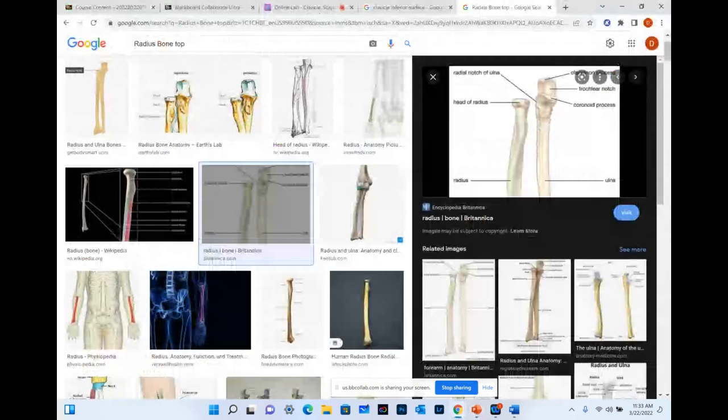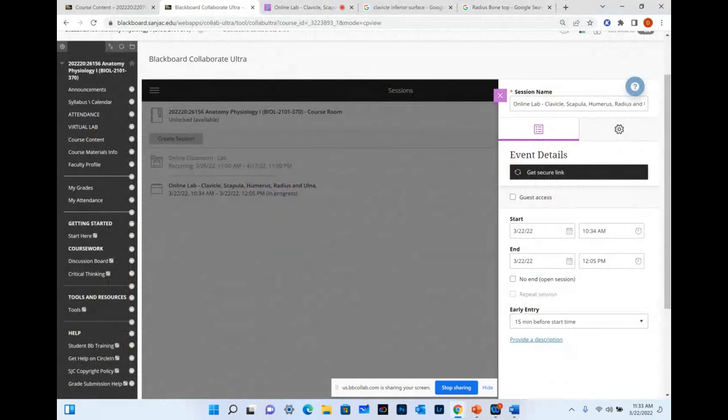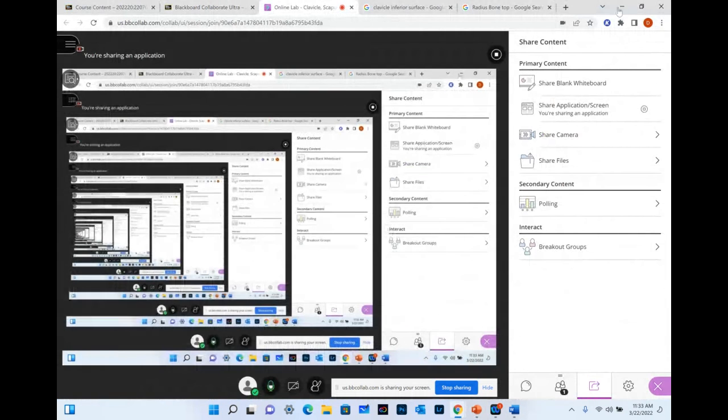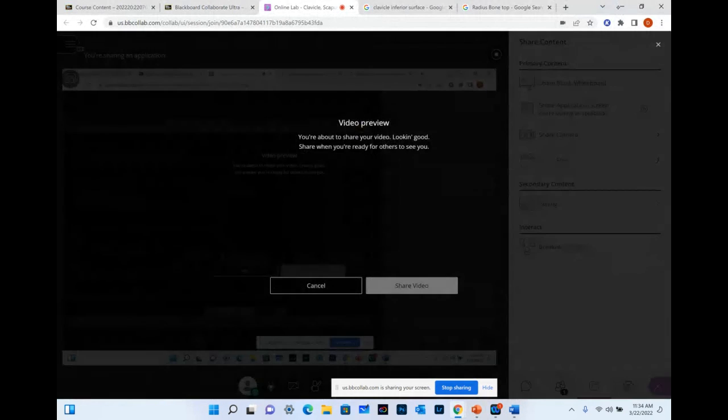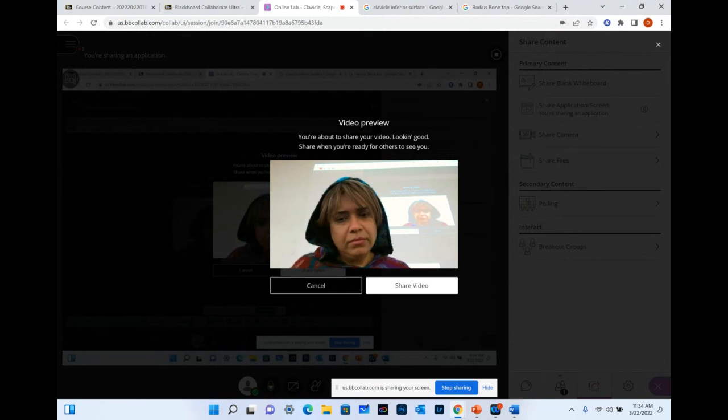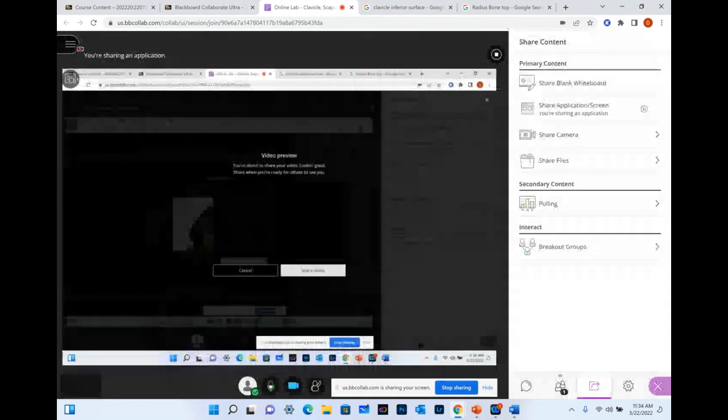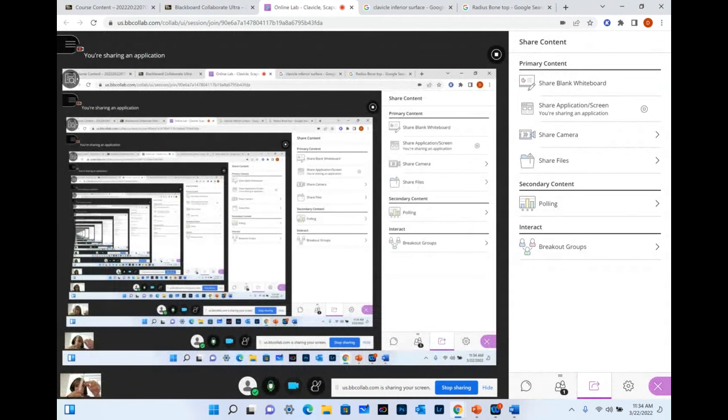Now let me show you on the model. Okay, this is your radius. Look at it. It's completely circular. And that is why it is called radius.